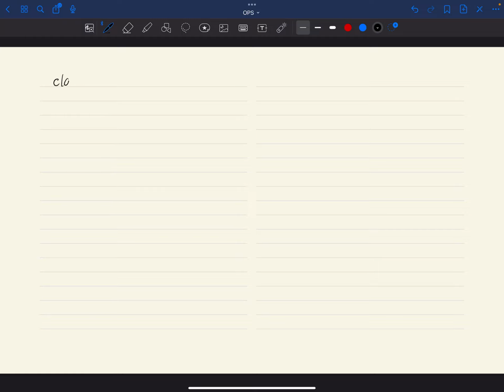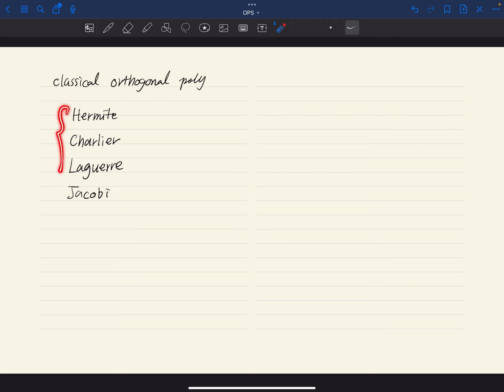So when we say classical orthogonal polynomials, usually they include Hermite polynomials and Charlier polynomials, and we saw this earlier in the semester, and Laguerre polynomials, and also Jacobi, but we will not consider Jacobi. We will consider the 3 of these. Jacobi can be studied similarly, but the weight is more complicated.